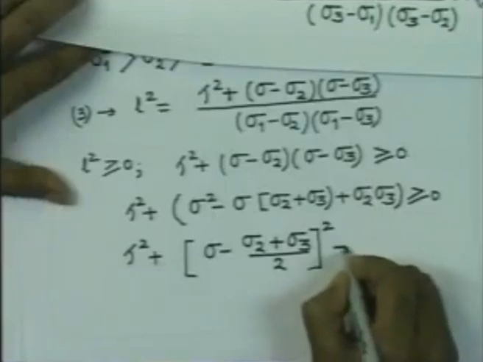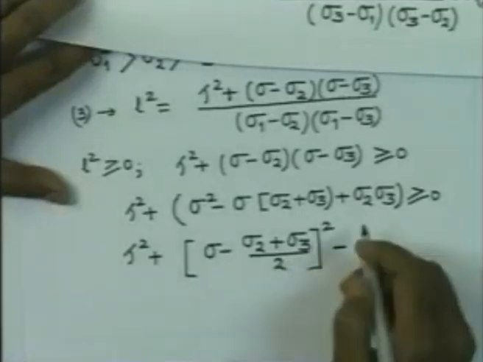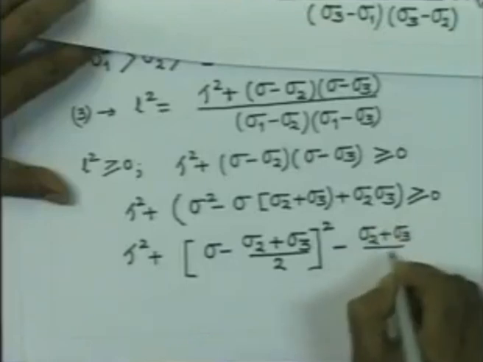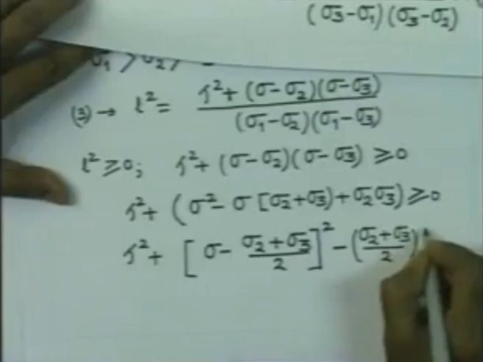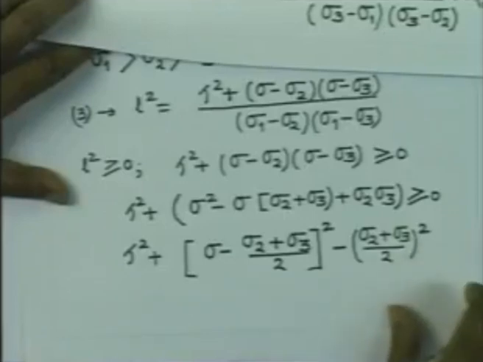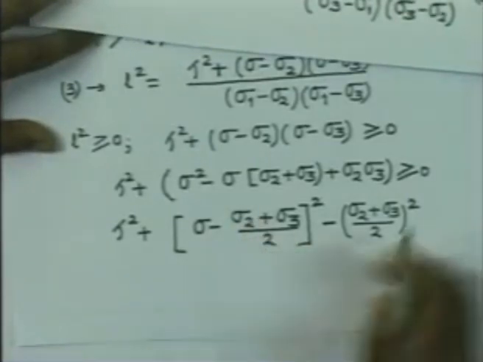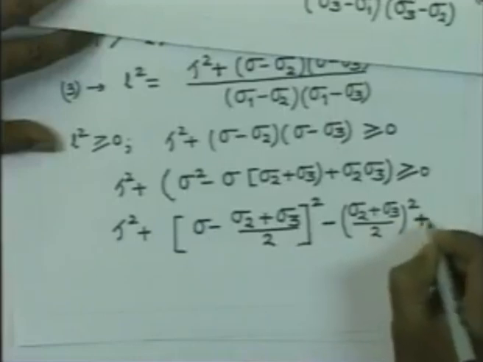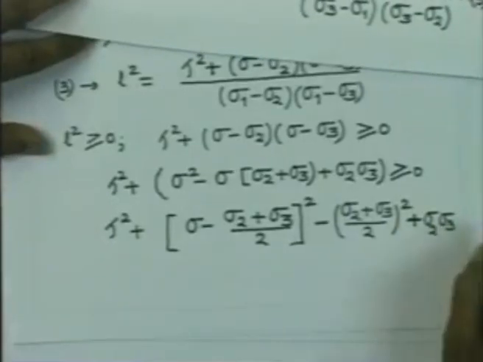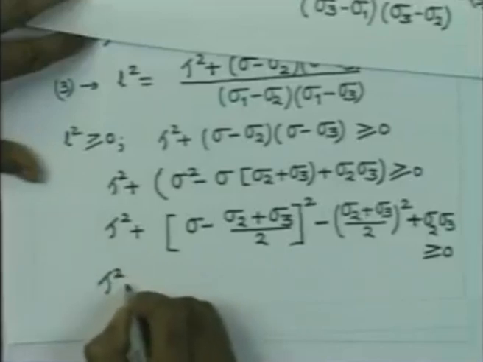Then we can subtract what we have added, terms like sigma 2 plus sigma 3 by 2 whole square, and then we will have sigma 2 sigma 3, and this is greater than or equal to 0. Now, again we can rearrange.